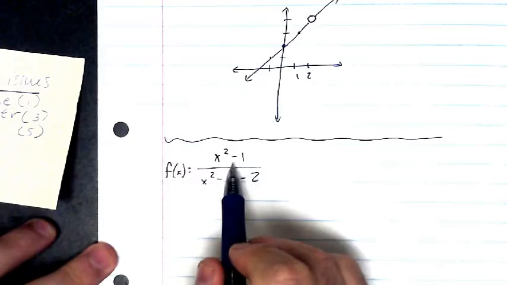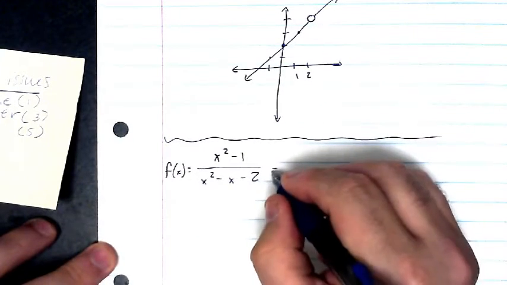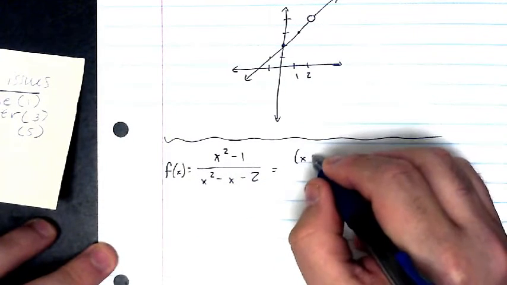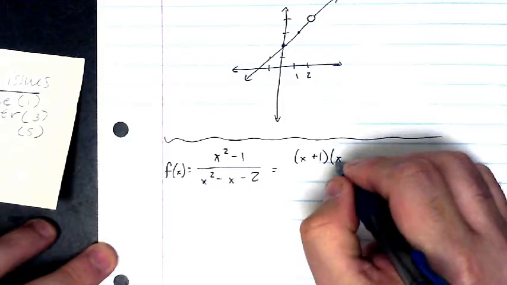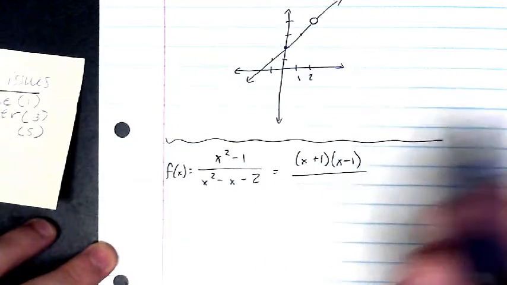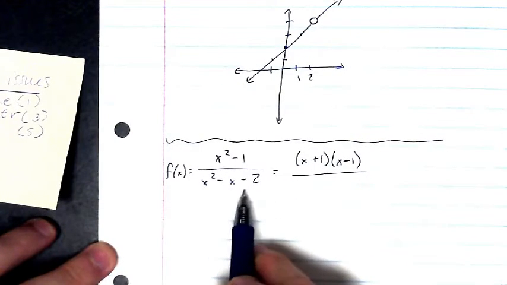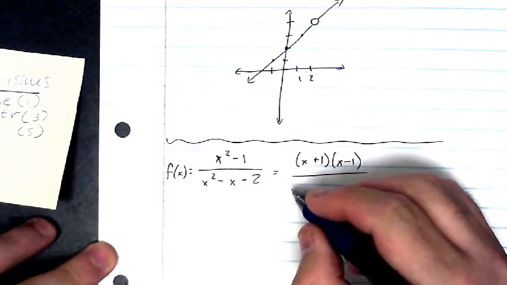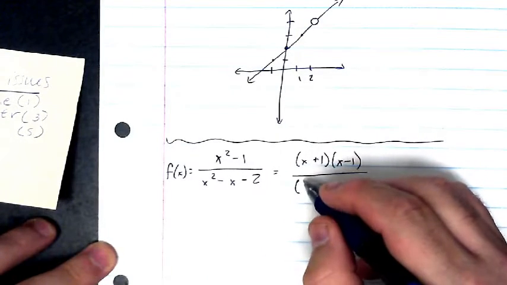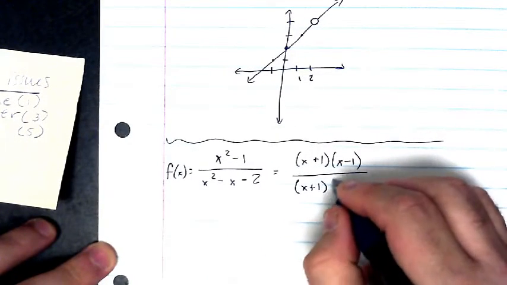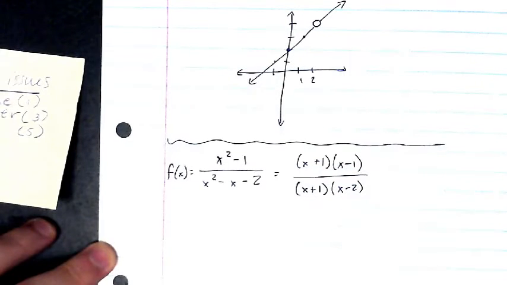The top is still once again the difference of two squares. So this is going to break up into x plus 1, x minus 1 on top. And once you check for the factorability of this one, it will become x plus 1 and x minus 2.